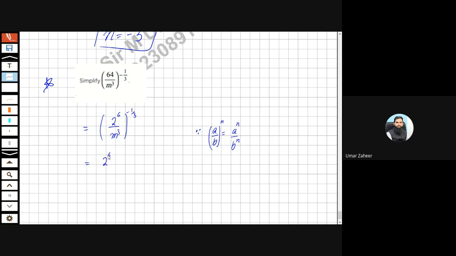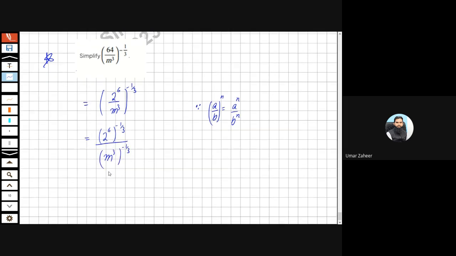So 2 raised to power 6 raised to power minus 1 by 3 in the numerator, and m raised to power 3 and whole raised to power minus 1 by 3 in the denominator. So it will be 6 times minus 1 by 3, which is minus 2, so 2 raised to power minus 2, divided by 3 times minus 1 by 3, so m raised to power minus 1.